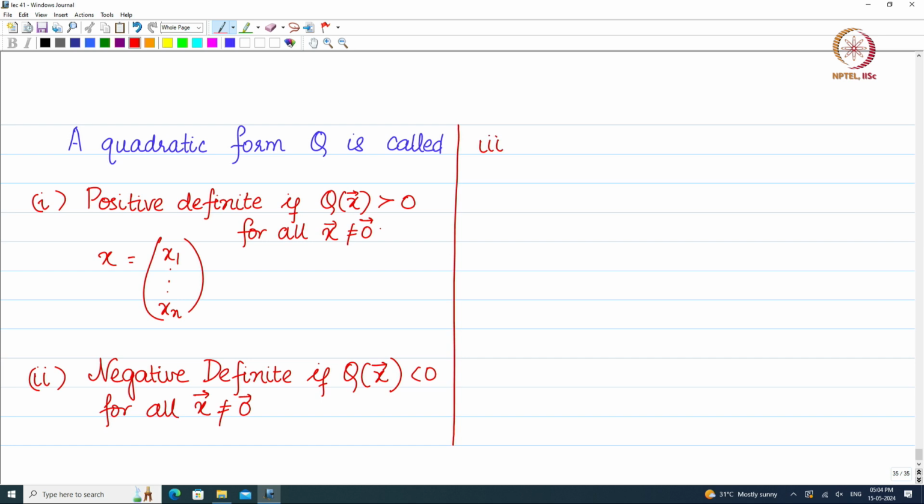Third one is what we call indefinite, wherein Q of x assumes both positive and negative values.